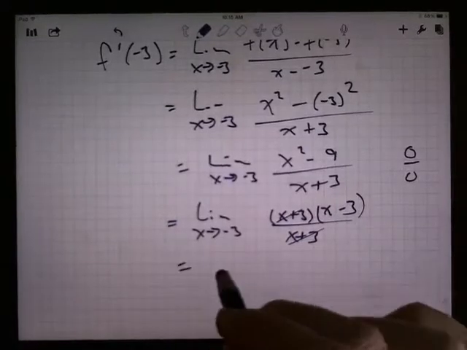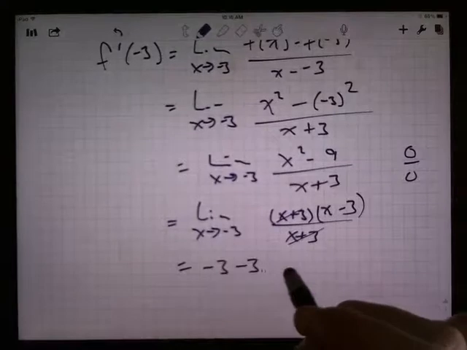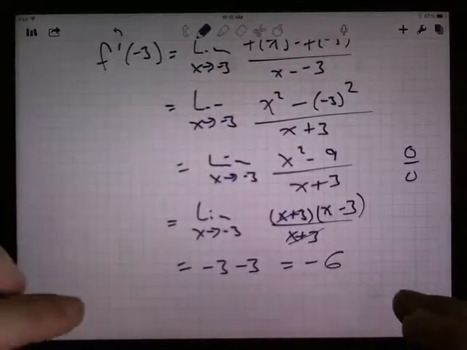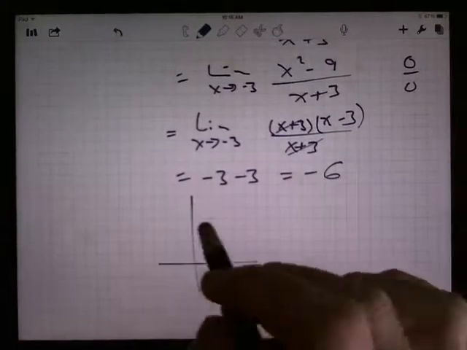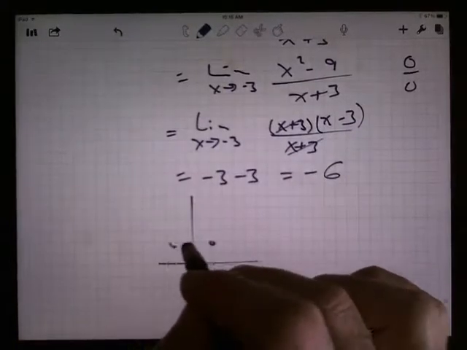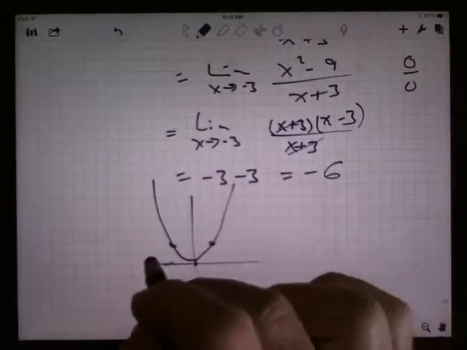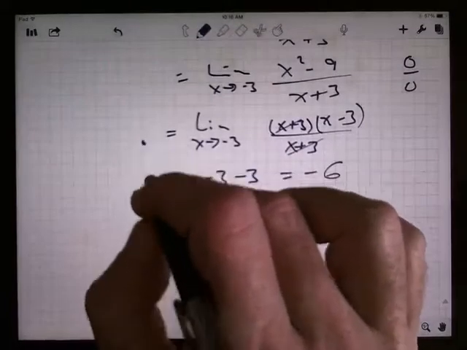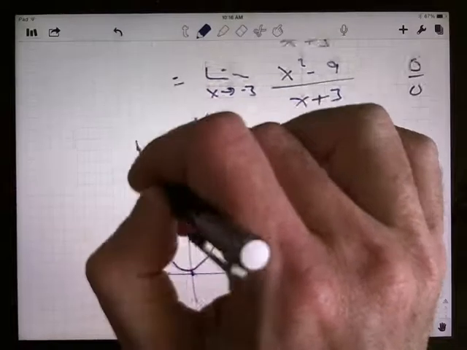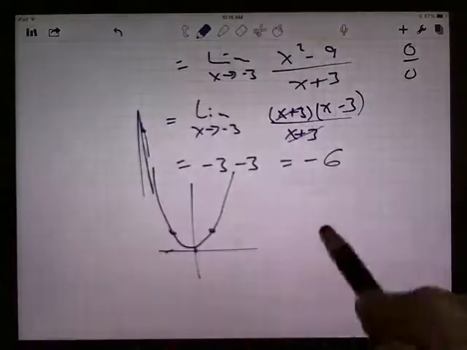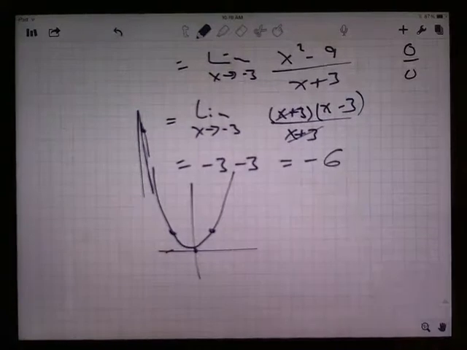Plug in my -3. -3 minus 3 is -6. So my claim is that on this graph of y equals x squared, when you're back at -3, wherever that is, the slope is -6.